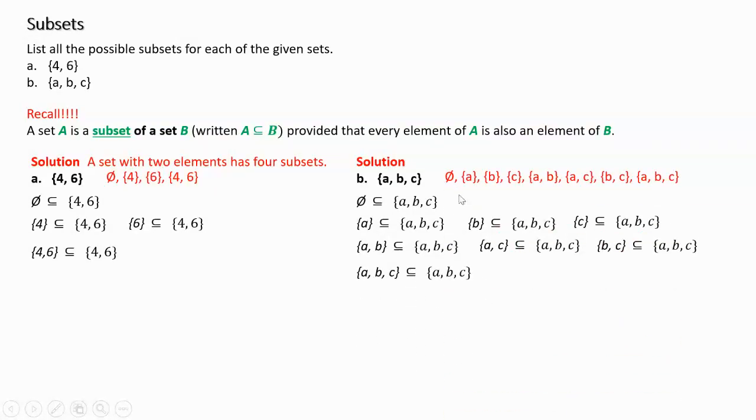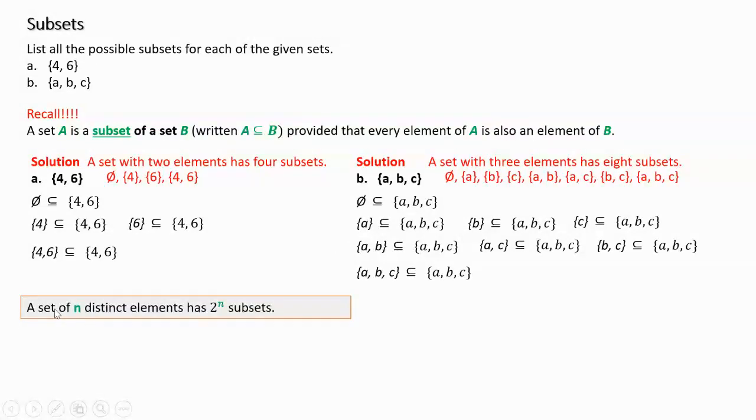So how many are there? 1, 2, 3, 4, 5, 6, 7, 8. This is important. If they ask you to list them, you have to put them in this form. But if they say how many, by the pattern, guys, this is a definition.